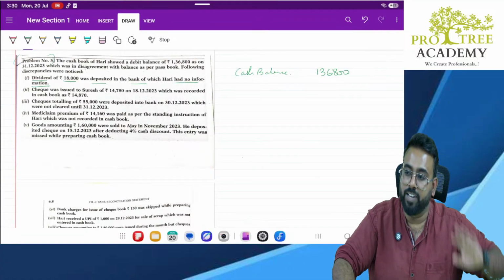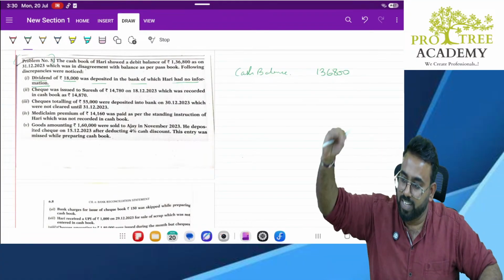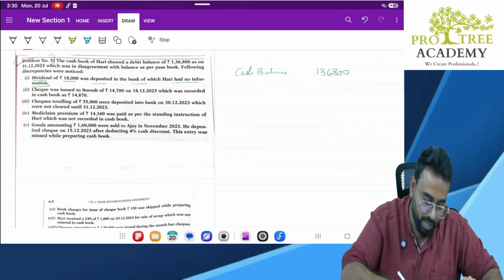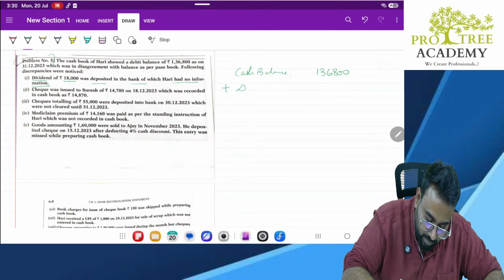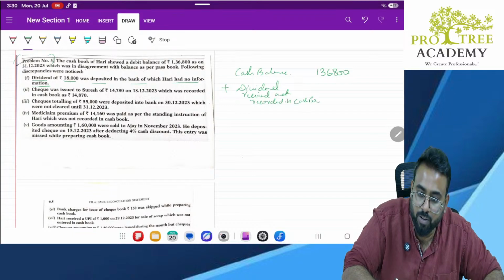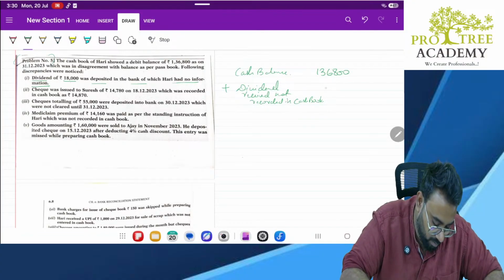When they record the dividend, the balance will go up. So in cash also the balance should go up. So plus dividend received not recorded in the cash book. You asked what to write; this is how you write it. Clear? How much?